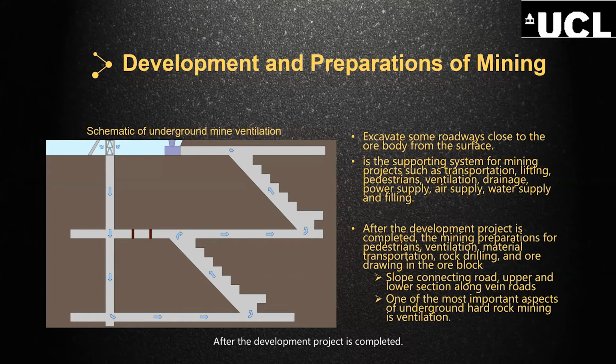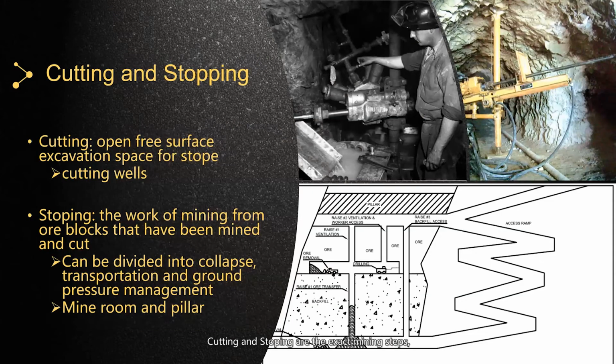After the development project is completed, the mining preparation will start for rock drilling and ore drawing in the ore block, like slope connecting roads and upper and lower section along-vein roads. Cutting and stoping are the exact mining steps.